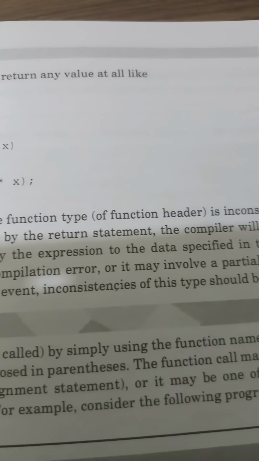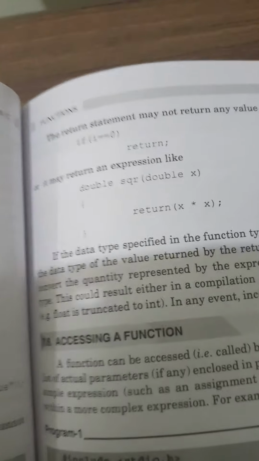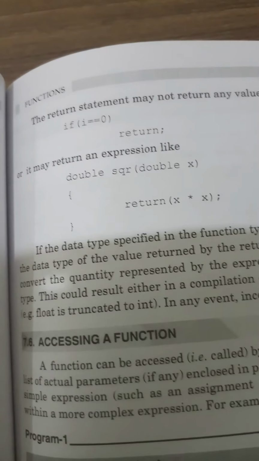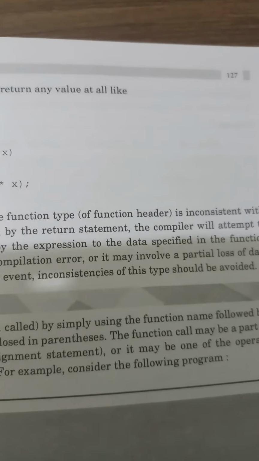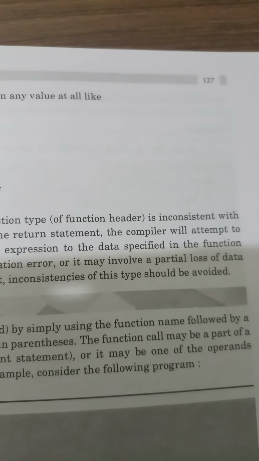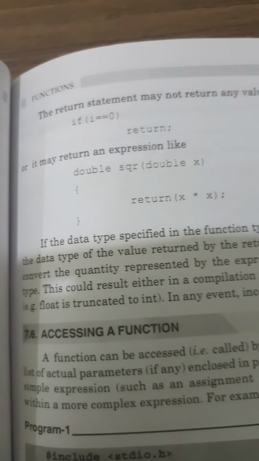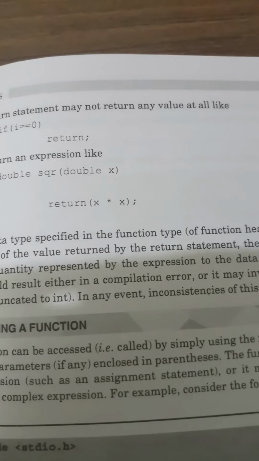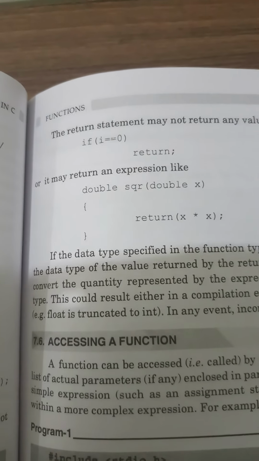If the data type specified in the function type or function header is inconsistent with the data type of the value returned by the return statement, the compiler will attempt to convert the quantity represented by the expression to the data type specified in the function type.